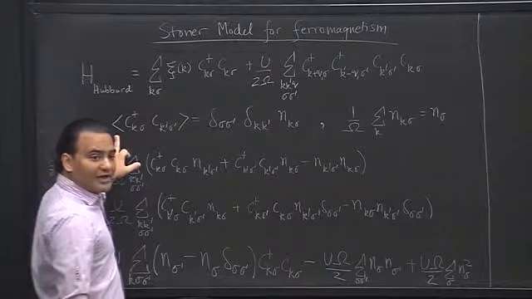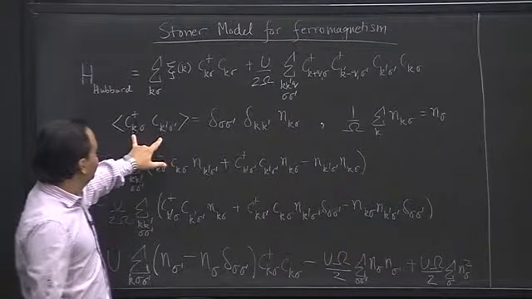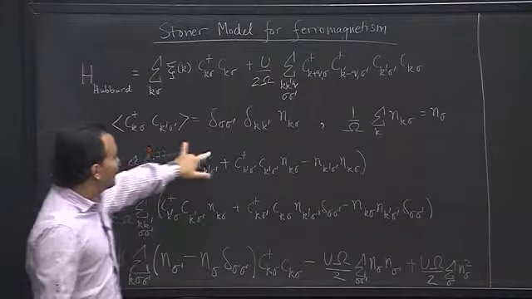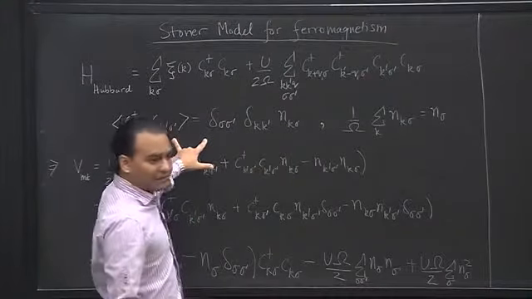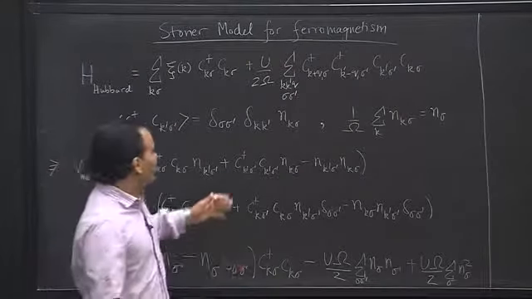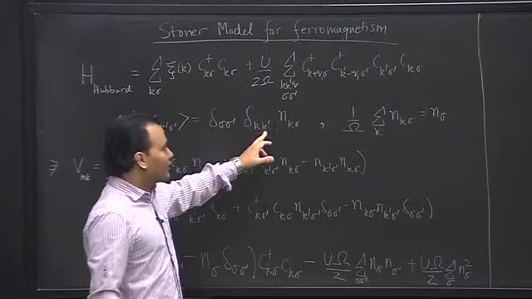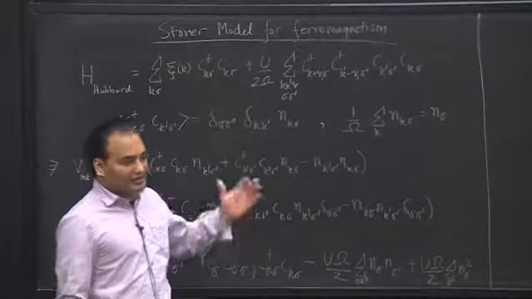And now we assume that the expectation value of the c dagger c operator takes this form. This is our assumption. So we assume that in the ground state of the system, if you destroy a particle with some momentum, you should create it with the same momentum.